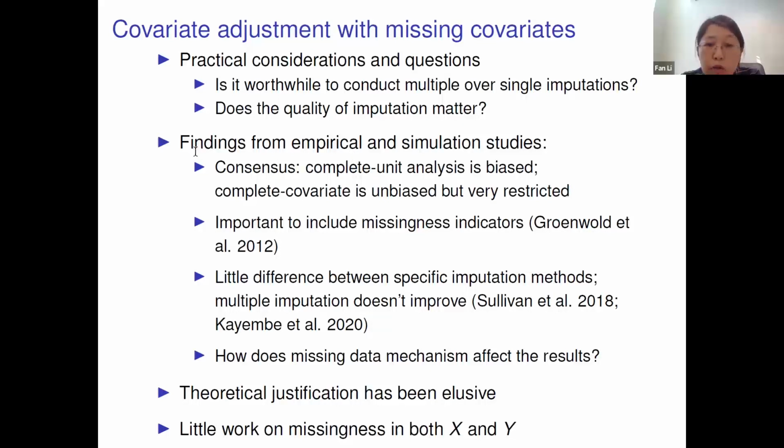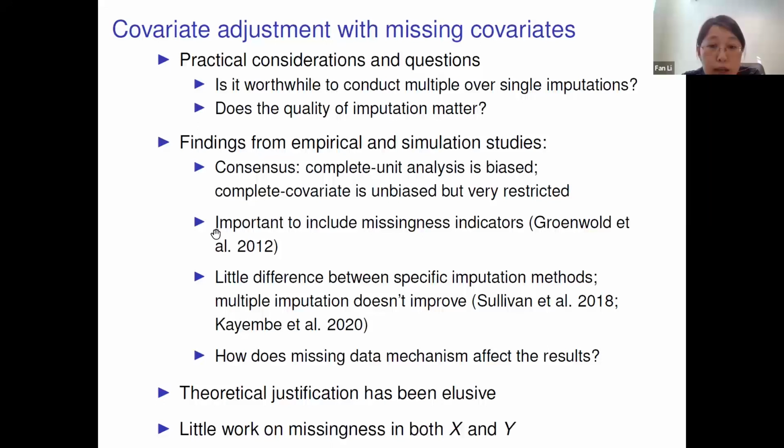So there is actually plenty of work in this space of missing covariates. From the empirical and simulation studies, the consensus tends to be this: we all know complete unit analysis is biased, and complete covariate is unbiased, but it's very restricted, because if you have only 1% missing data in one covariate, even if that covariate is an important predictive covariate, you're going to still throw it away.